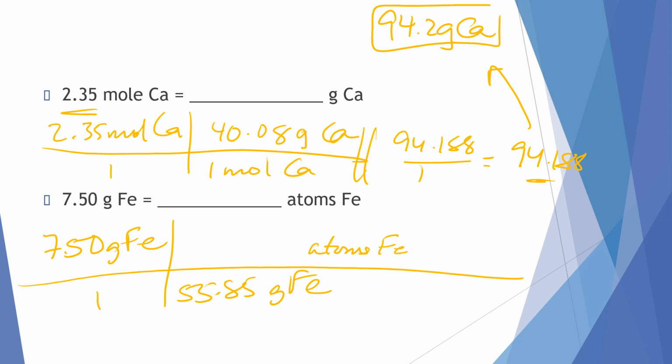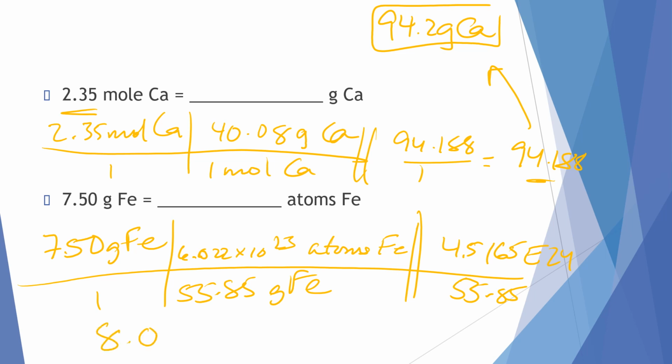So grams to atoms of the same thing, I can do it like this. 6.022 times 10 to the 23. 7.50 times 6.022 times 10 to the 23. This is 4.5165 E24 divided by 55.85. 8.0868 E22. 3 sig figs, 8.09 times 10 to the 22 atoms of Fe.